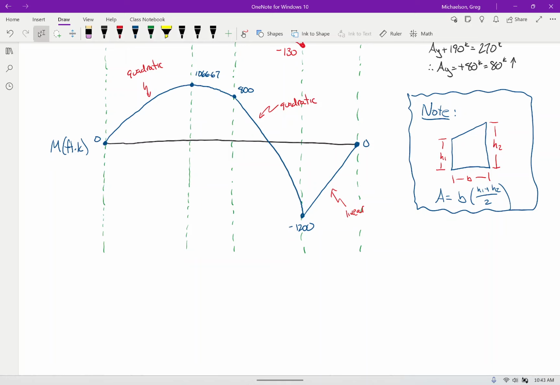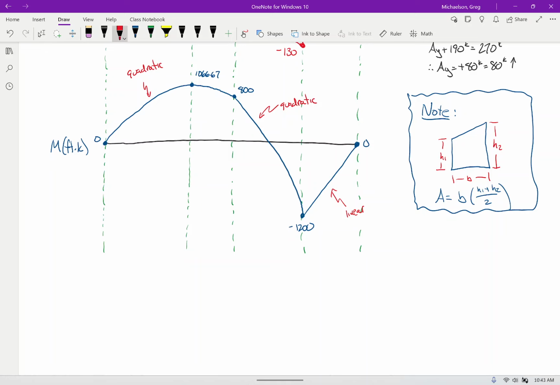Now, sometimes I've gotten questions about what is actually going on at this point 800? Because my plotting skills, my artistic skills are probably not the greatest. So what's happening at that 800 from a math perspective is you're getting two different parabolas. So this is a piecewise function.